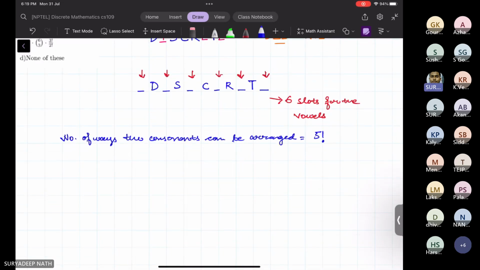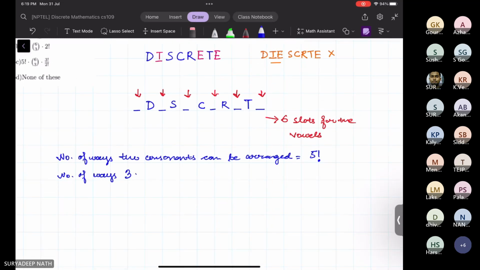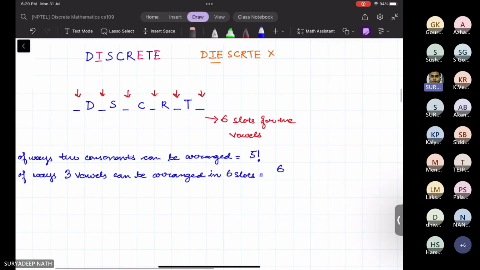Now the number of ways 3 vowels can be arranged in 6 slots. That is 6P3, which is basically 6 choose 3 into 3 factorial.